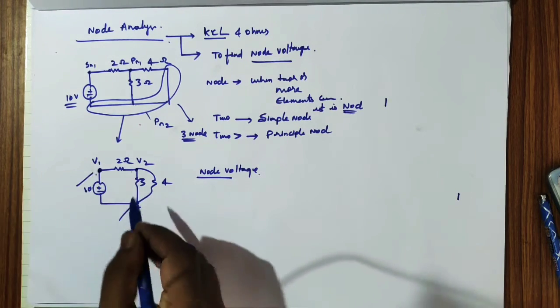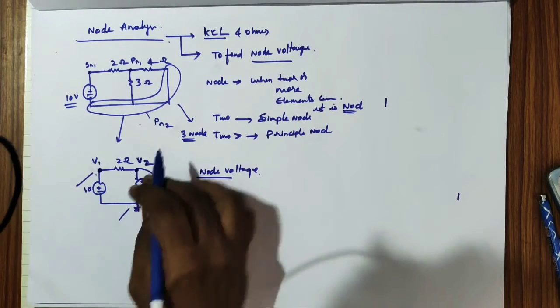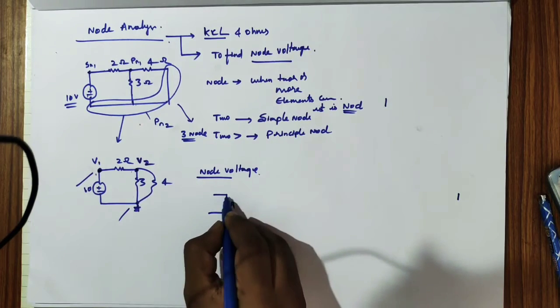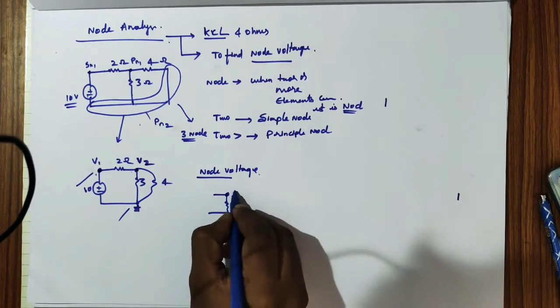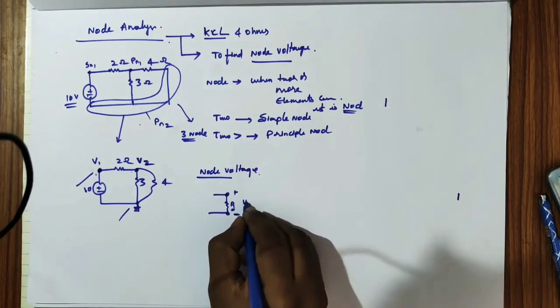Now what does the voltage V2 mean? With respect to ground, the potential. If we want to find a voltage across resistance R, between the positive terminal and negative terminal, the voltage across that resistance is called VR.